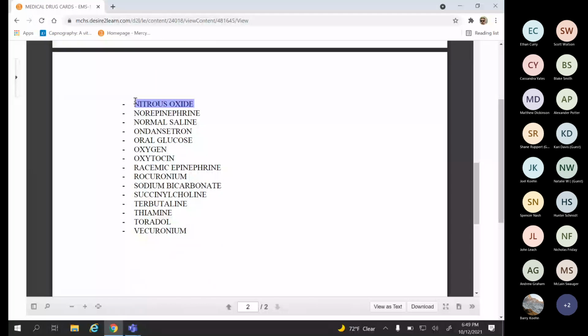All right, nitrous oxide. Who carries nitrous oxide still, and what do we use it for? It's an analgesic. Shane, you're an advanced EMT. You can give nitrous oxide. How do we give it to the patient? 50% oxygen, 50% nitrous oxide.